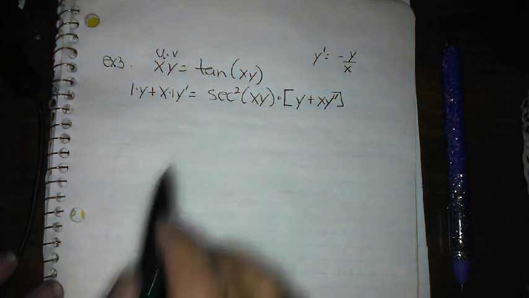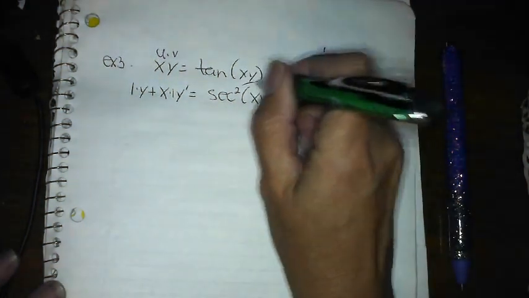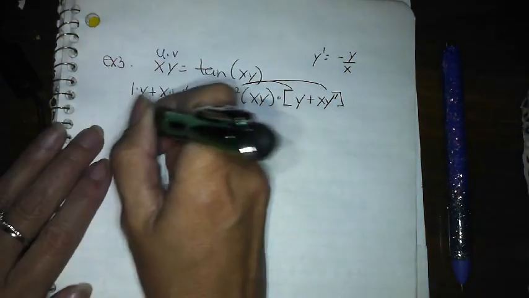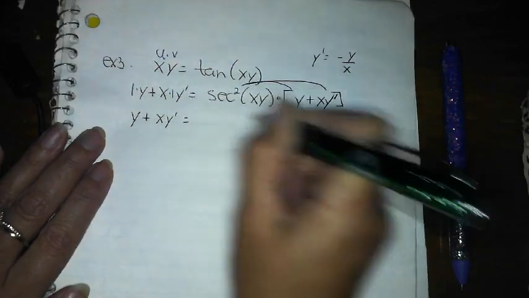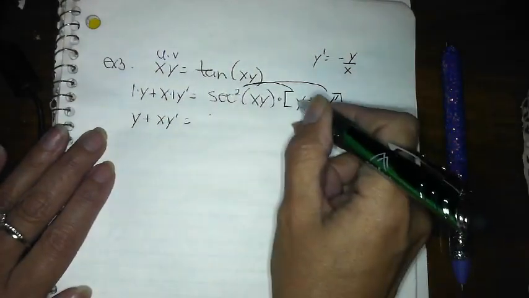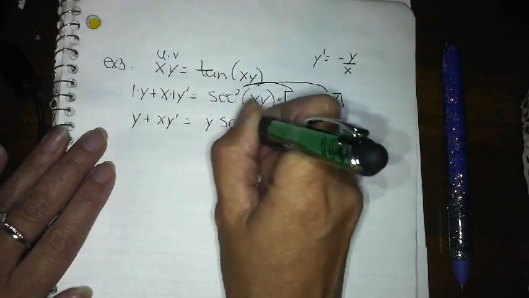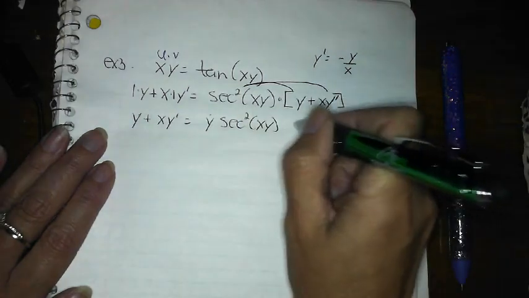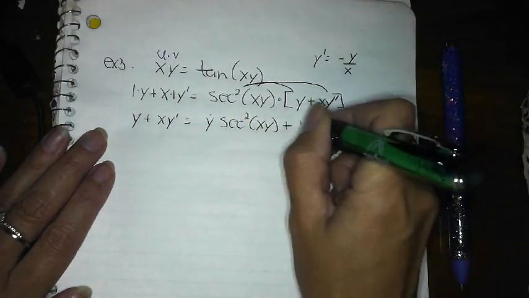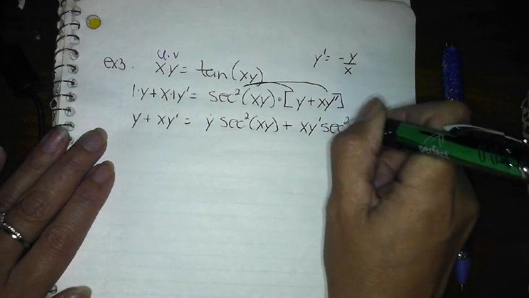All right, I've got a y prime here and here. This one's trapped. You have to distribute to release it. So y plus xy prime. We will have, we're going to bring the y to the front of this first one. So it's y secant squared xy plus we will have x y prime secant squared xy.